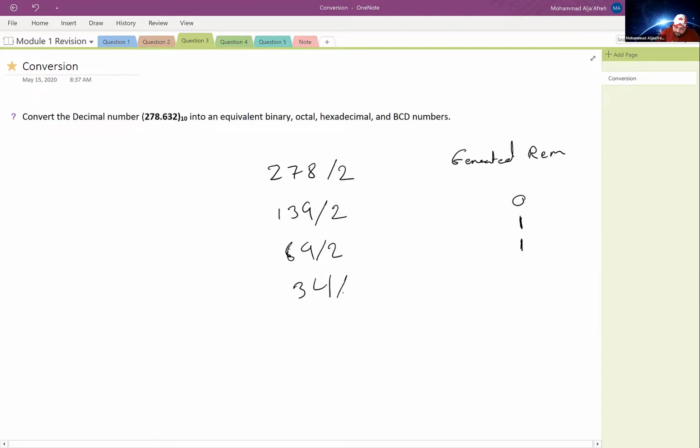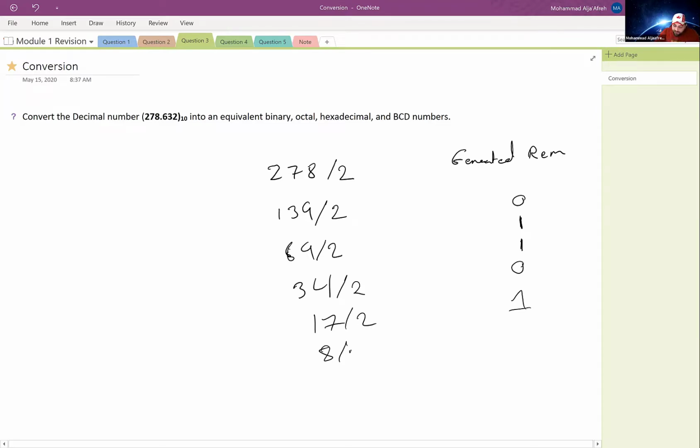Now 34 divided by 2 again. The quotient is 17, and the remainder is 0. Now 17 over 2, the quotient is 8, and for sure the remainder is 1, because 8 multiplied by 2 equals 16.